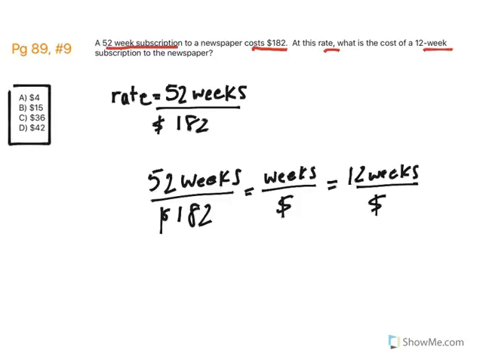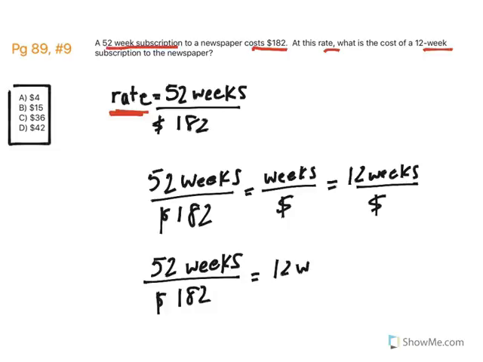Well, this rate doesn't change. The rate remains the same, no matter how many weeks you're going to buy the newspaper for. So therefore, we can set up a proportion of 52 weeks for $182 is equal to 12 weeks for X number of dollars, because we don't know how much that costs.